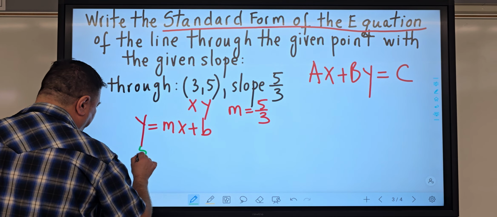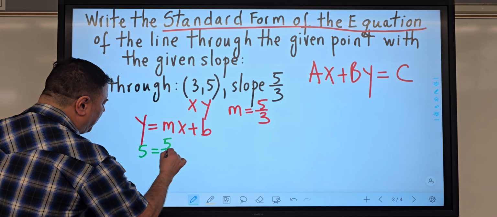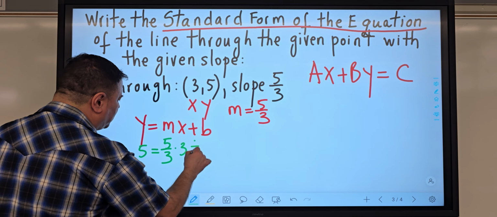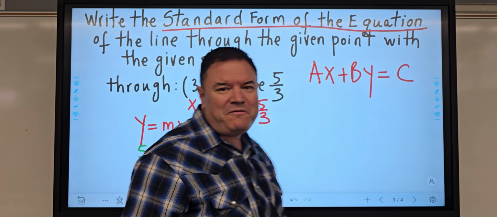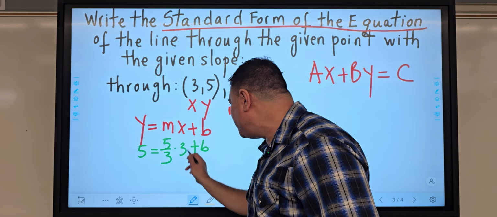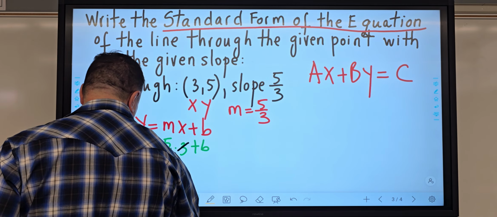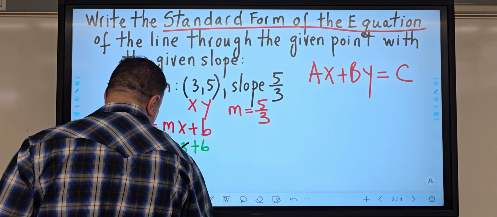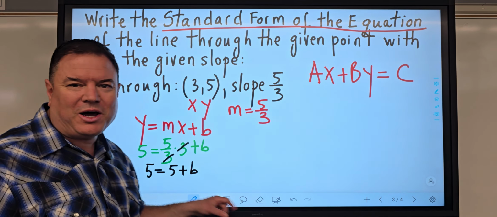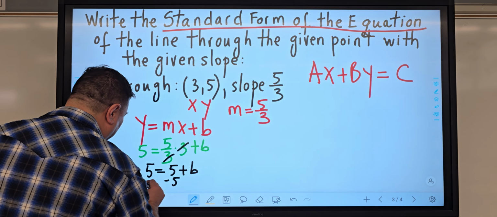So we have 5 equals 5 over 3 times x, which is 3, plus b. Now we can see that 3 and 3 cancel out, so we are left with 5 equals 5 plus b. In order to get b by itself, we have to subtract 5 on both sides.